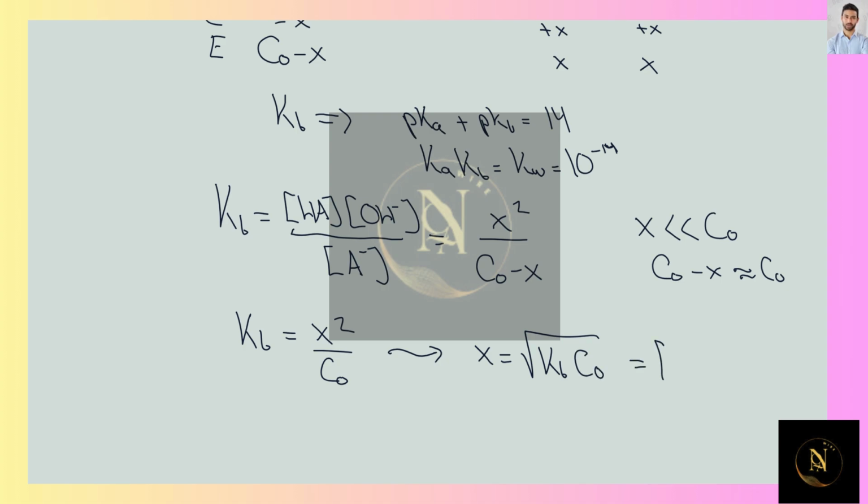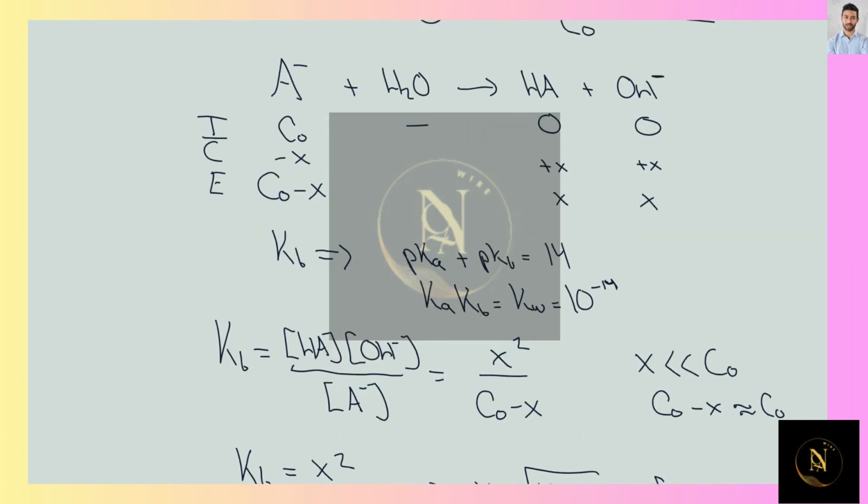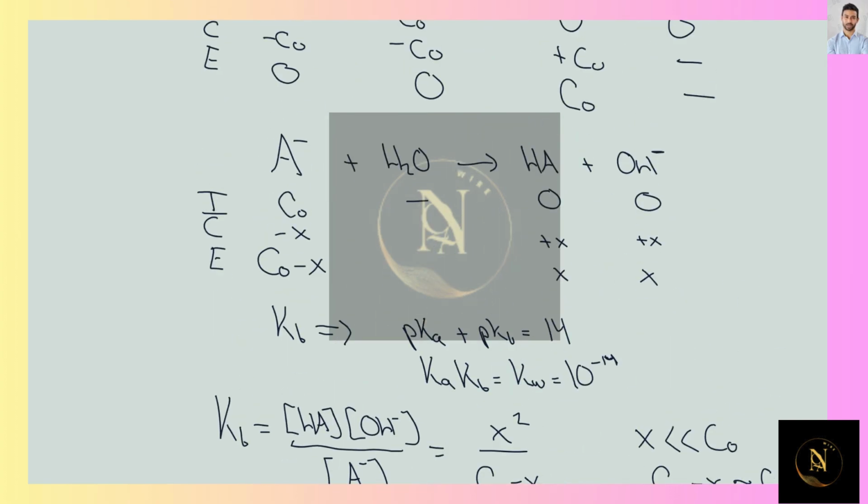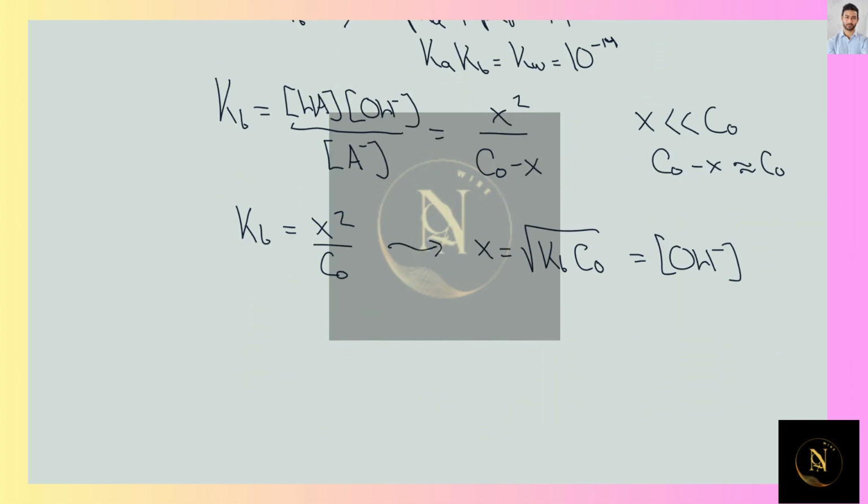Well, this represents the concentration of OH minus, as you can see from the ice table above. Excellent. So if we know the concentration of OH minus, we know the pOH. And if we know the pOH, we can get the pH as 14 minus pOH.